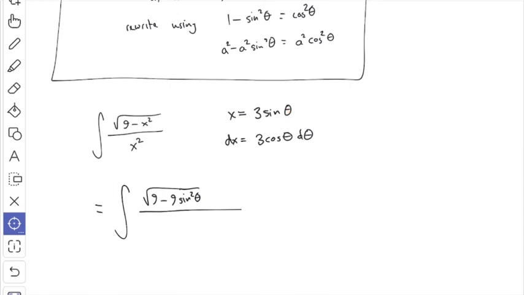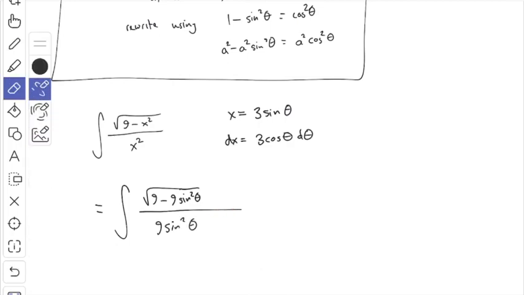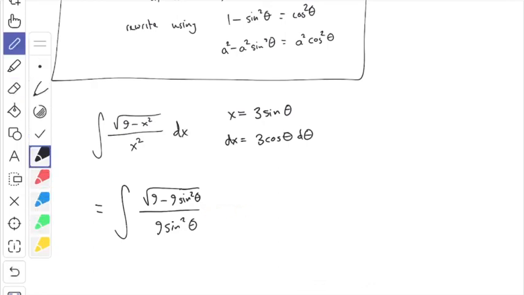And then I still have the denominator of x squared, which I'm going to also substitute 9 sine squared theta. And then dx, sorry, I forgot to write dx in my original integral. Dx becomes 3 cosine theta d theta. I have a tendency of leaving out the d whatever, unfortunately.